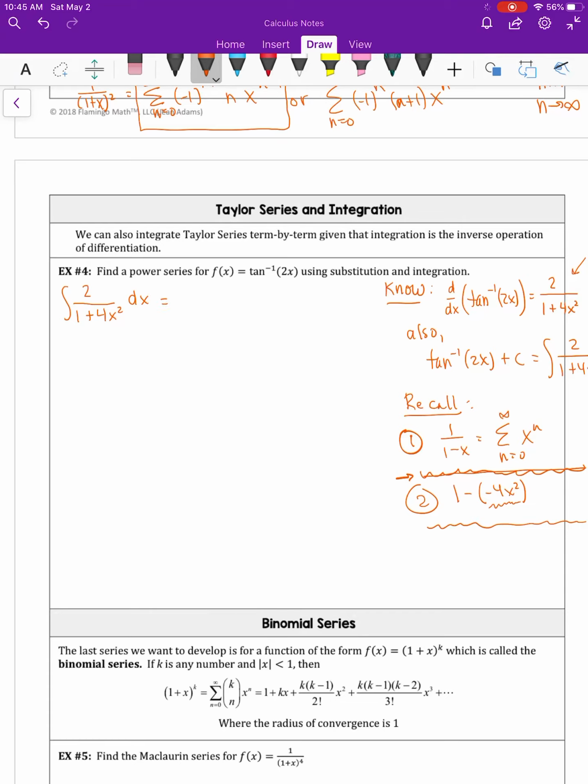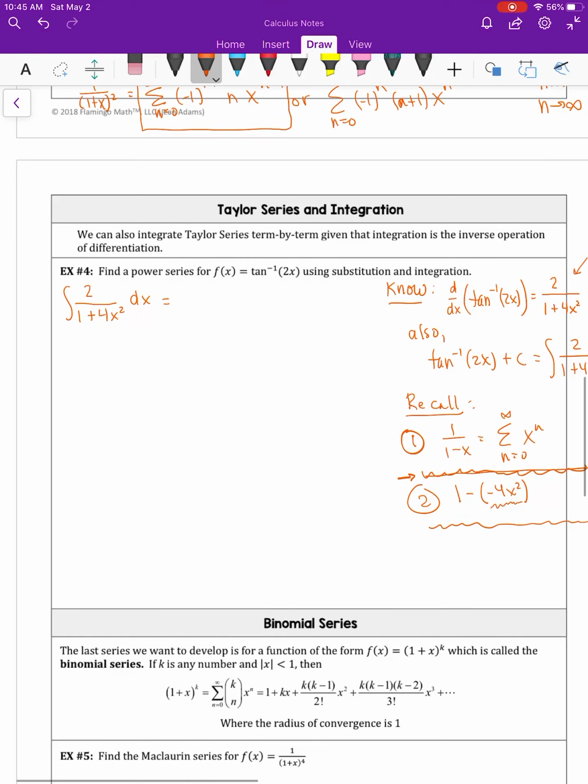All right, so now we're going to integrate 2 over 1 plus 4x squared dx, okay? And this is going to give us inverse tangent of x plus c, right? But we want to integrate it using our power series.